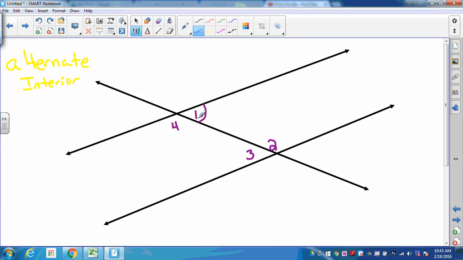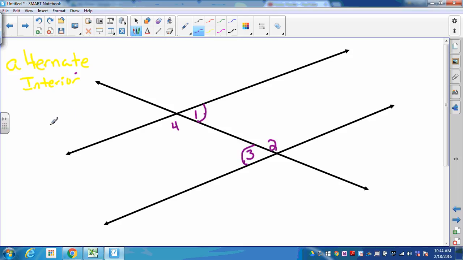If it's an alternate interior angle, that means it's inside the parallel lines, but it's on the alternate side of your transversal. So that means that angle 1 and angle 3 are alternate interior angles. They alternate sides of the transversal, and they're on the interior of the parallel lines.